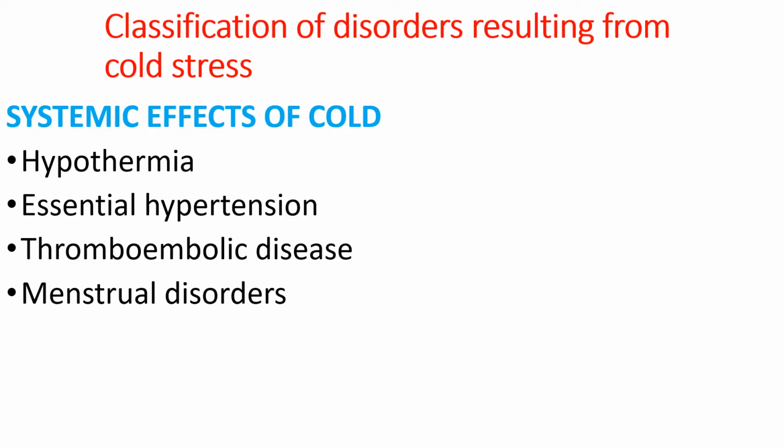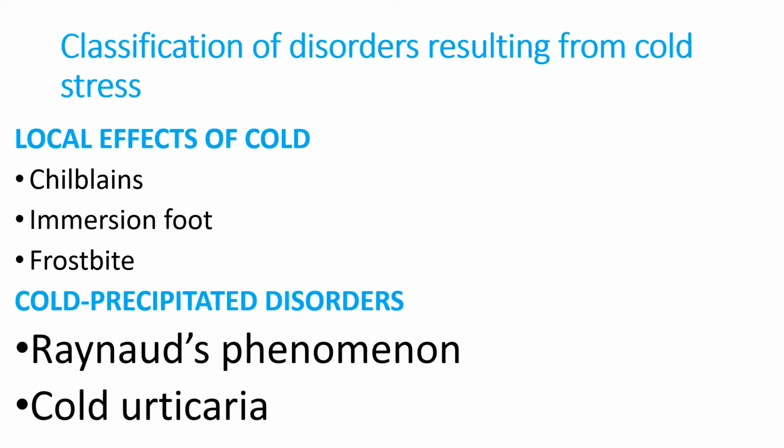Classification of disorders resulting from cold stress: systemic effects of cold, hypothermia, essential hypertension, thromboembolic disease, menstrual disorders; local effects of cold, chilblains, immersion foot, frostbite; and cold-precipitated disorders, Raynaud's phenomenon and cold urticaria. Raynaud's phenomenon is described under vibration.